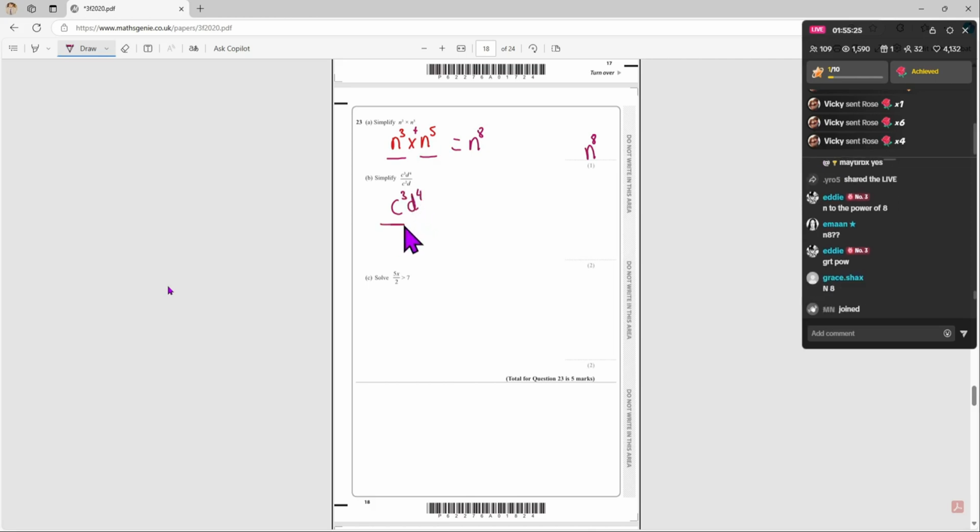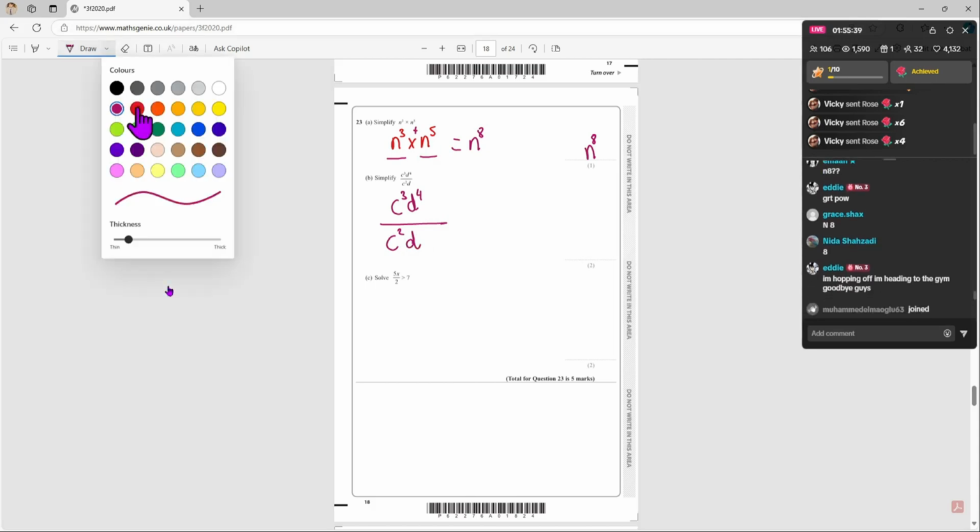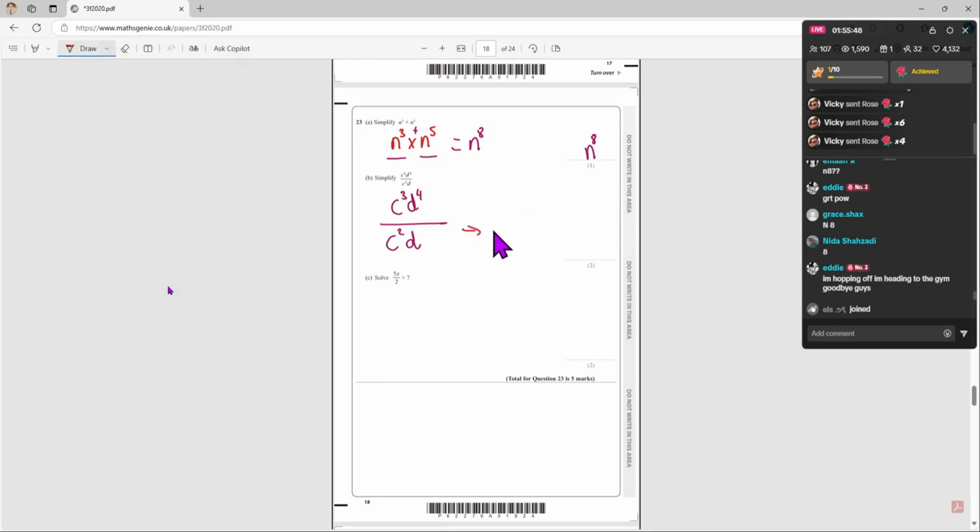And now we have to simplify c to the power of 3, d to the power of 4, over c to the power of 2, and then d. Now, when we are dividing, you subtract the powers. So c to the power of 3 divided by c to the power of 2 gives c to the power of 1, but you just write it as c. You do not write something to the power of 1.